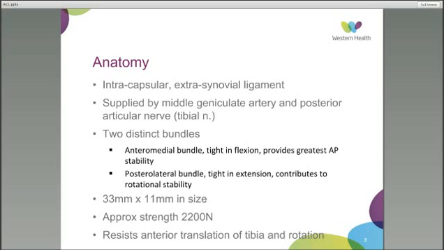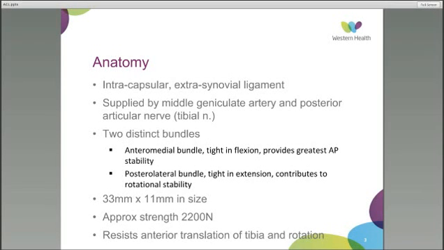I think one of the more difficult concepts to look at and get familiar with is the femoral insertion of the ACL. So it inserts into the medial aspect of the lateral femoral condyle in the intercondylar notch, posterior to the resident's ridge or the lateral intercondylar ridge.